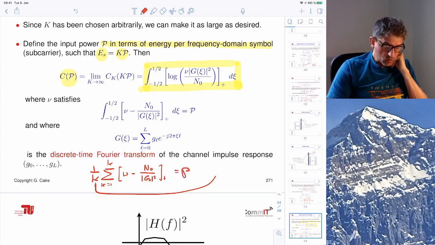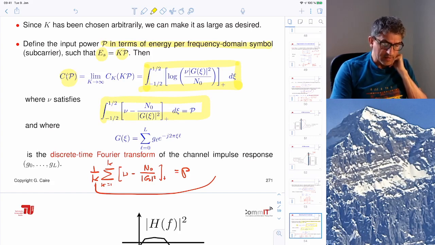And now this 1 over K sum also becomes an integral when K goes to infinity, and so we have this equation, where now instead of g_k we have g of psi, and psi is the digital frequency.